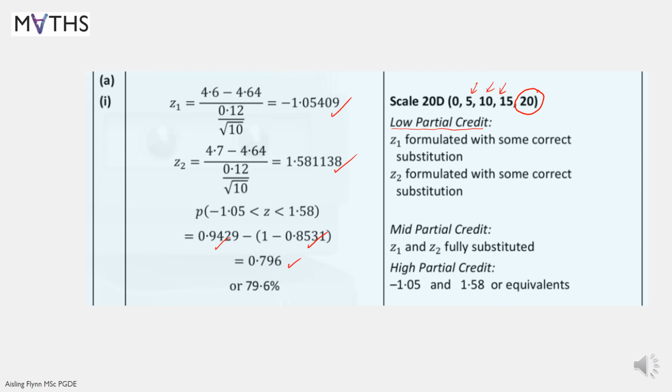A mid partial credit, so 10 out of 20, will be if you get Z1 and Z2 fully substituted. And high partial credit, so you get 15 out of 20, if you got the z-scores right. That's without going to get the probabilities. So lots of marks on offer there. Have a go and see how you get on.